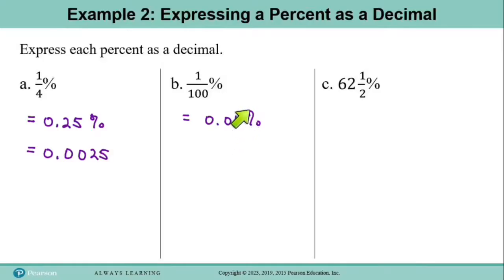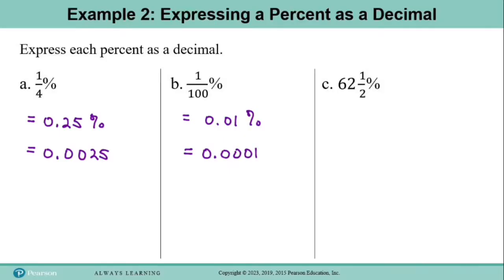But we're still in percent form here, so now we've got 0.01%. Now to remove the percent symbol, I'll need to move this decimal 2 places to the left. That's going to cause me to have 2 additional zeros after the decimal. And then because the decimal is in front, we'll put a 0 in front of that. So we will have 0, then 2 more zeros, and then our number 01.